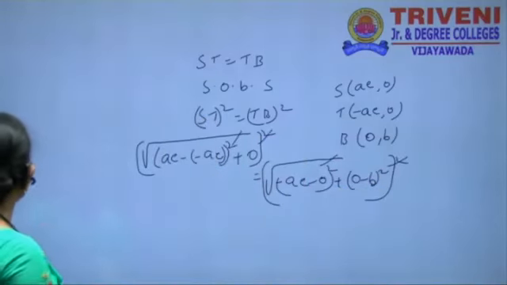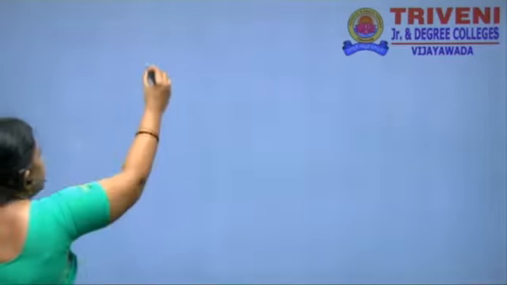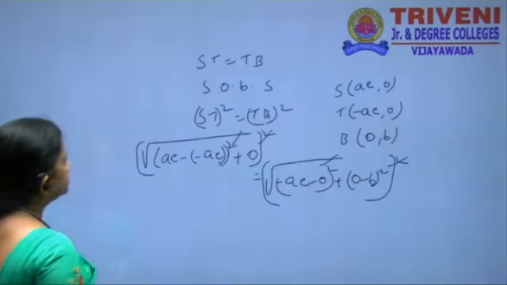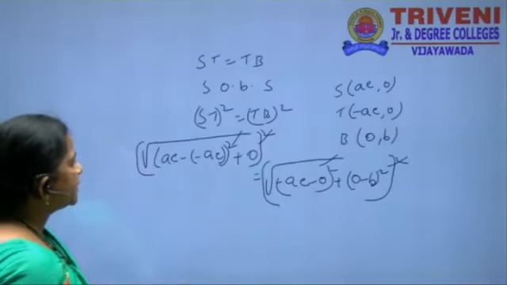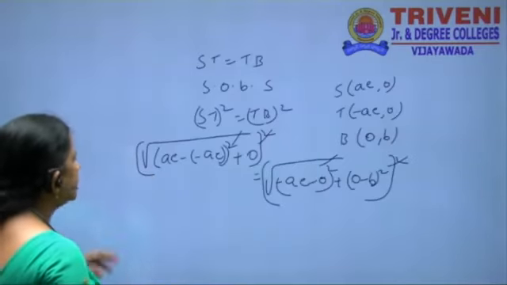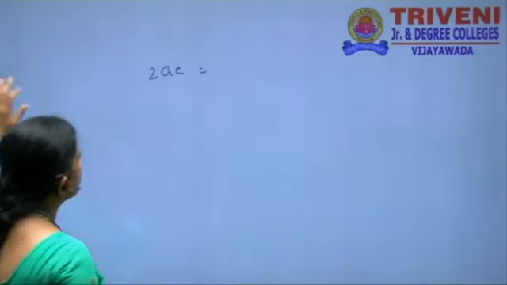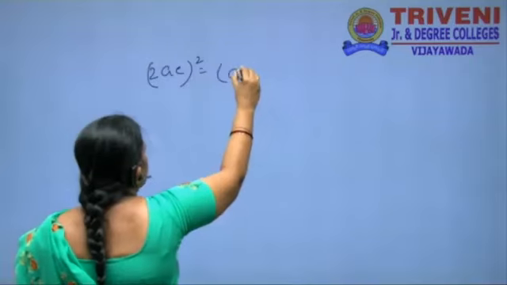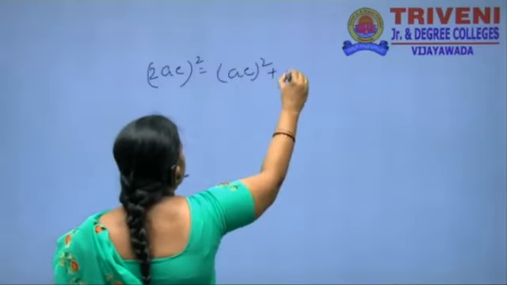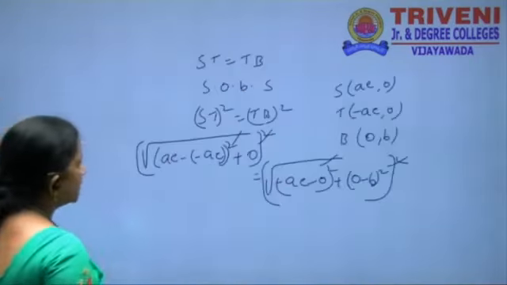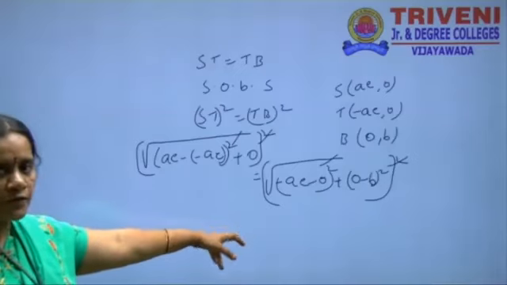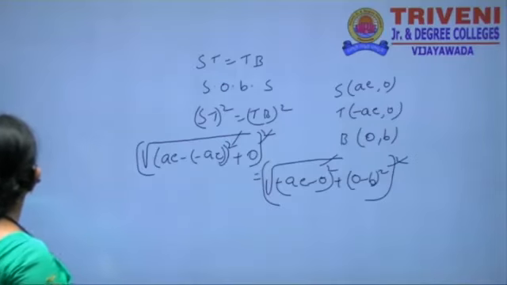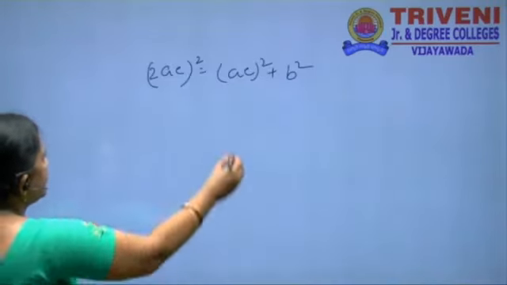Then AE minus of minus AE is 2AE, so 2AE whole square is equal to AE whole square plus b square. Substitute the value of b square.